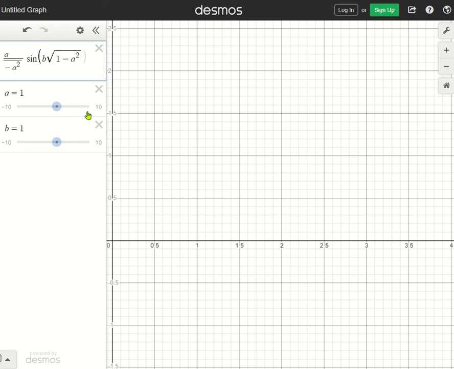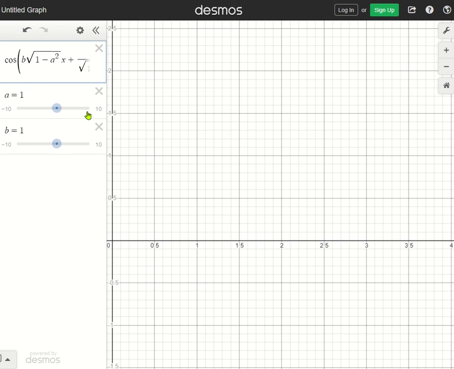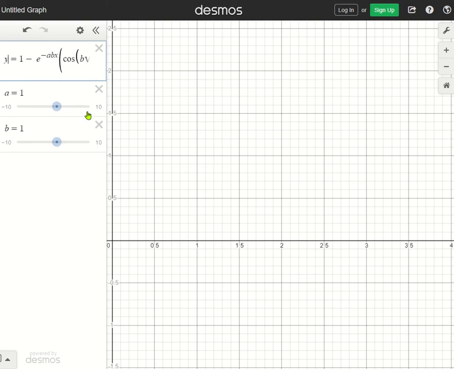So this is omega d times x. Then let's review this. We can put a quantity here to make sure this is inside that cosine. Okay, that's okay.